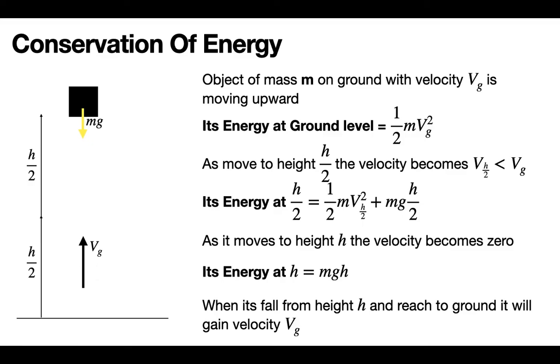In this particular example, we said that it is happening in a vacuum. So this is conservation of energy. I explained this because we are going to use this phenomenon of conservation of energy in analyzing the vertical circular motion.